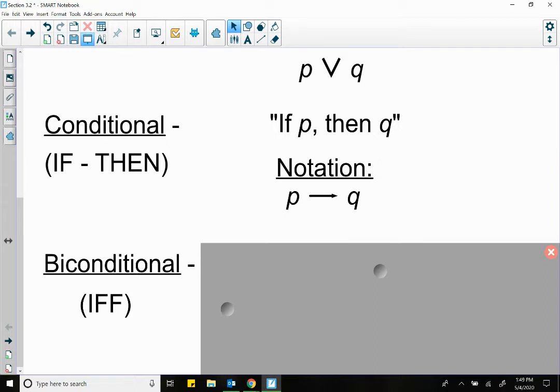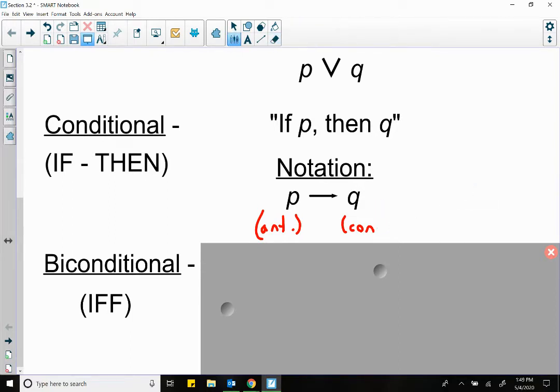You've got your statement P, and then an arrow, and then Q. Okay. Now, just to add some other pieces of information to this, the P is generally what we call the antecedent. All right. The Q is what we call the consequent. I'll spell those words out later on. Right now, it's not too big of a worry.